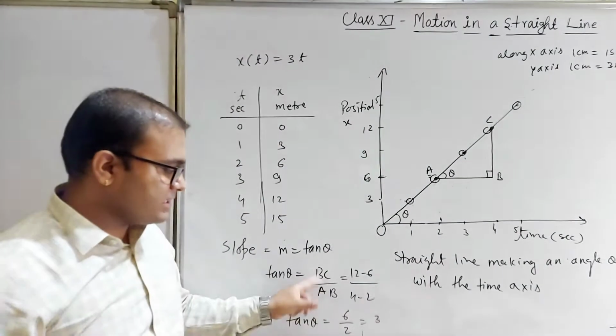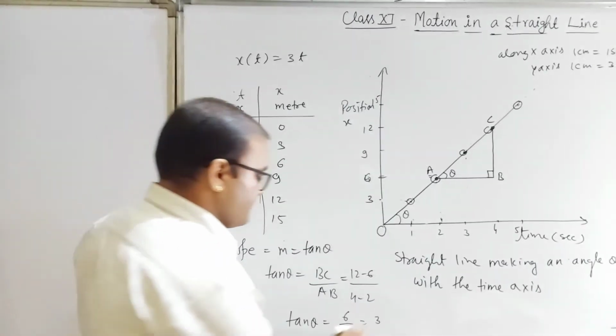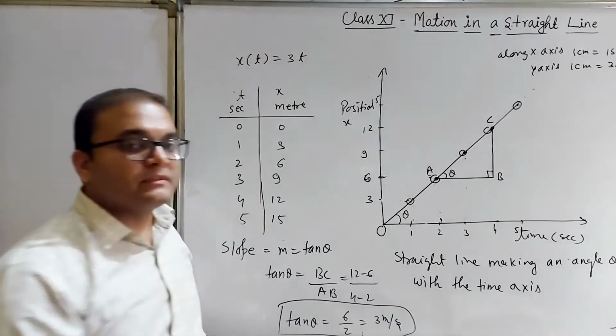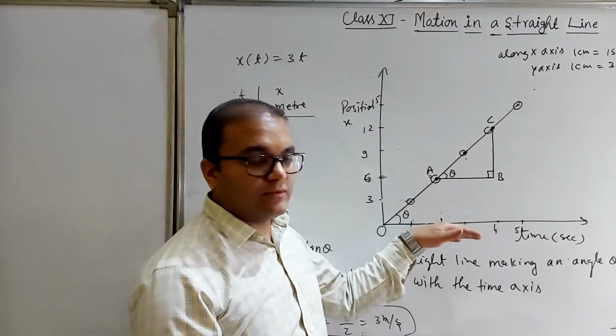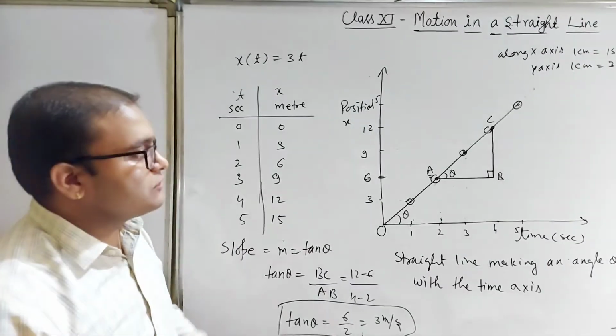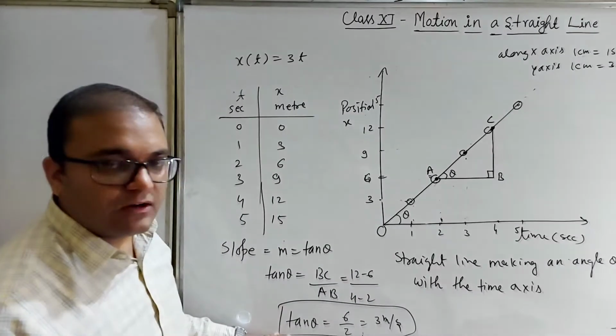And what is this BC upon AB? This is delta x upon delta t. This is 3 meter per second. So you know the slope of the distance-time graph, or we can say position-time graph, for uniform motion.